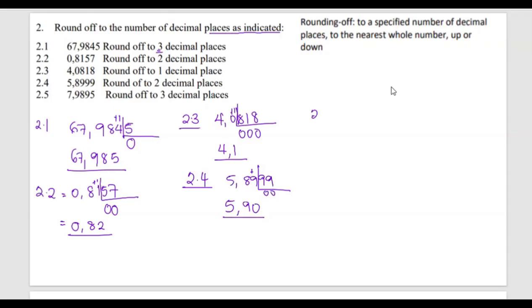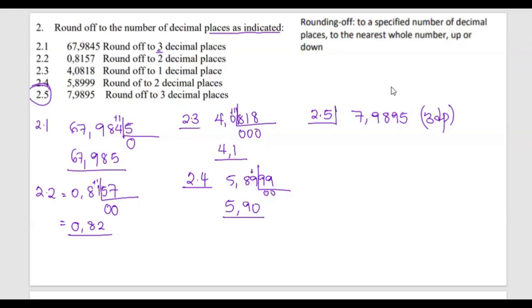Question number 2.5, finally, the last one. All right. We are looking at 2.5. It's 7,9895, to 3 decimal places. When you write like this, we mean 3 decimal places.